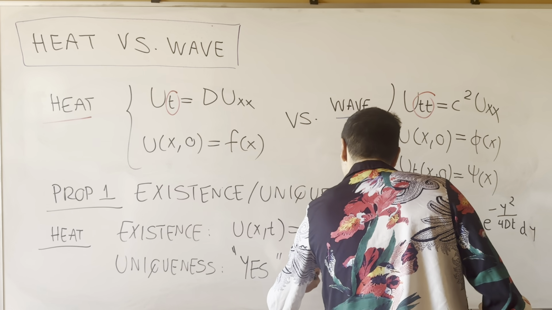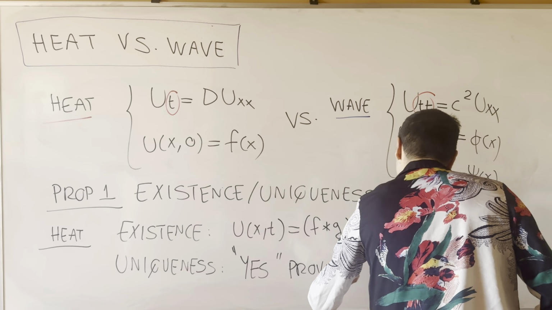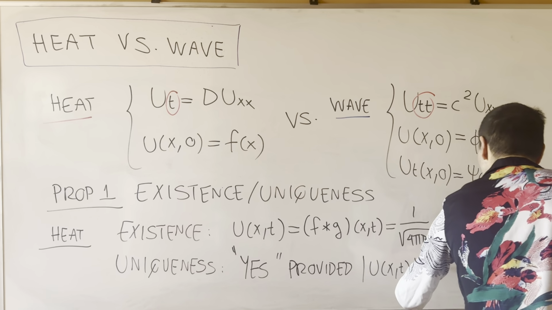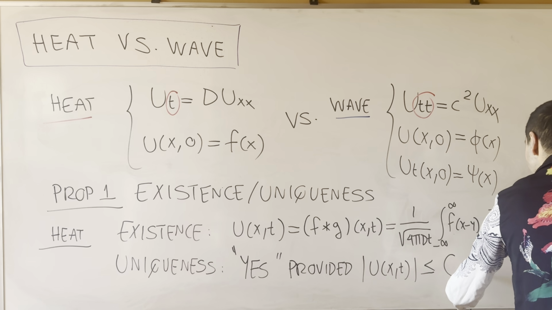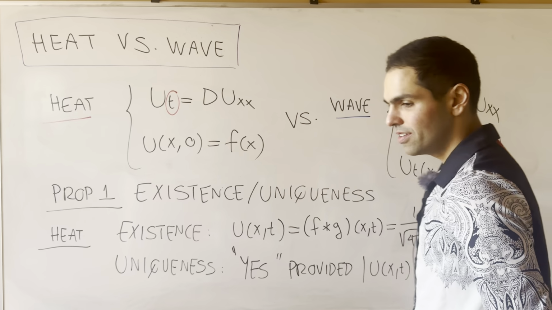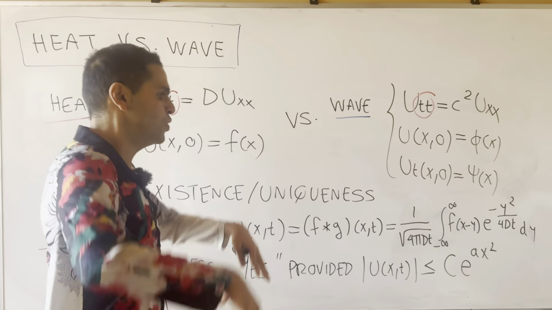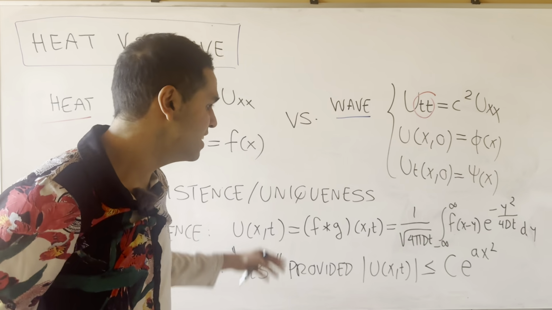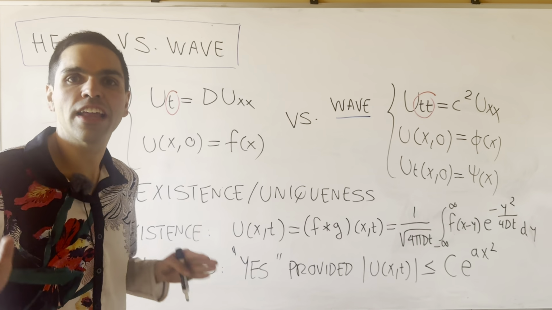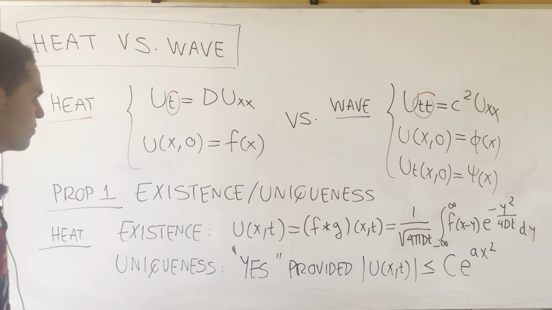So yes, provided, I believe, |u(x,t)| is less or equal to C e to the x squared. So provided it doesn't grow super exponentially, then we do have uniqueness. And of course, on the finite rod, we have uniqueness as well.